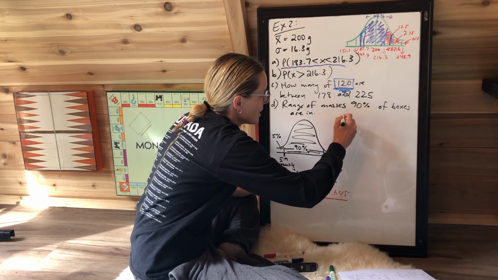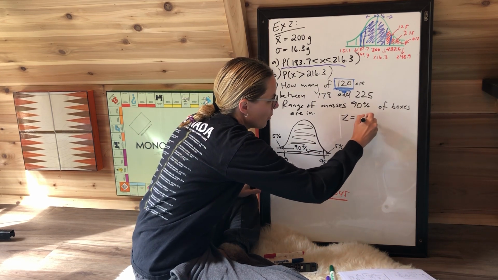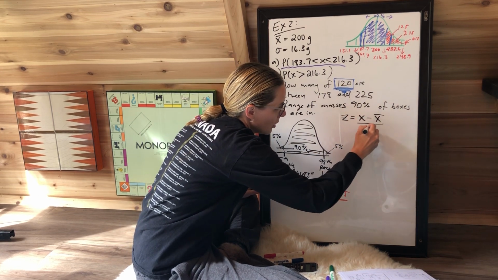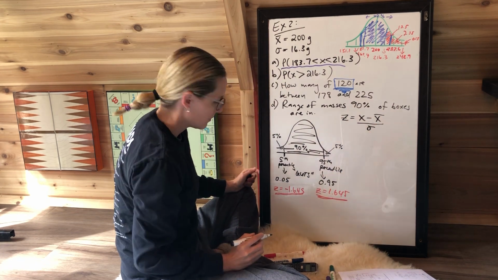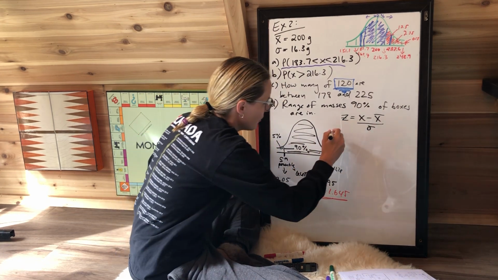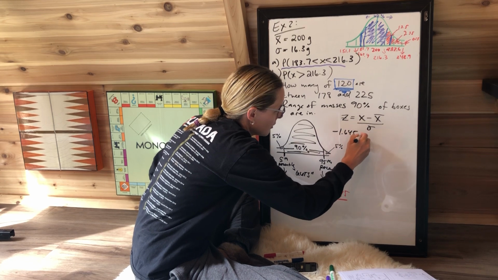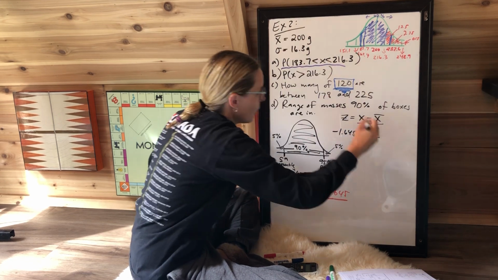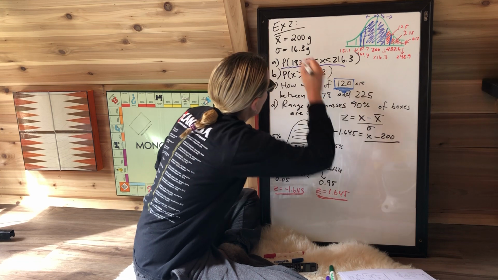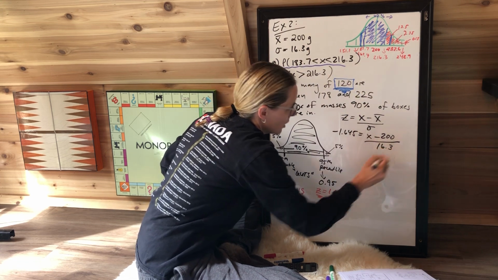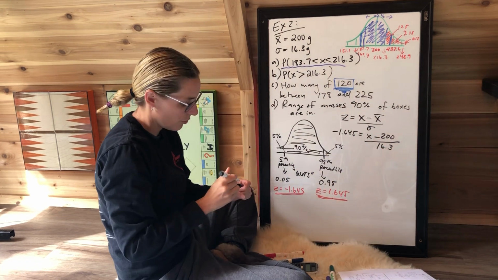So we're using the same formula we used before, but backwards. If we have a z value of negative 1.645, an x bar of 200, and a sigma of 16.3, we can in fact solve for x.